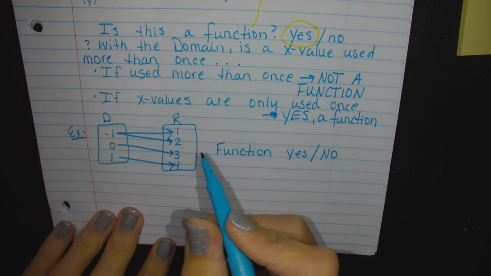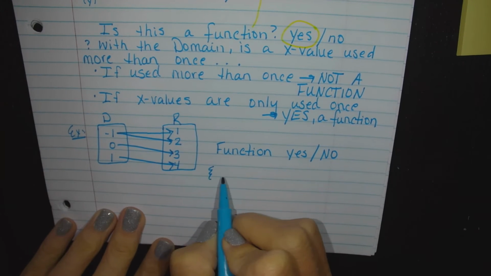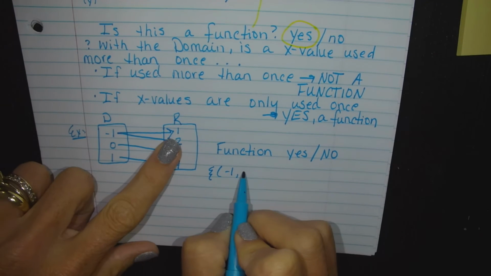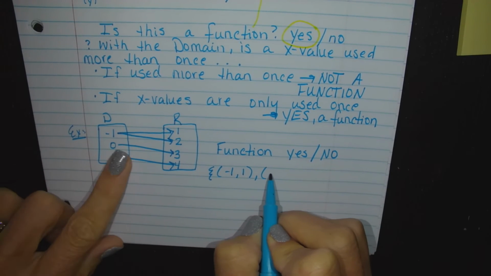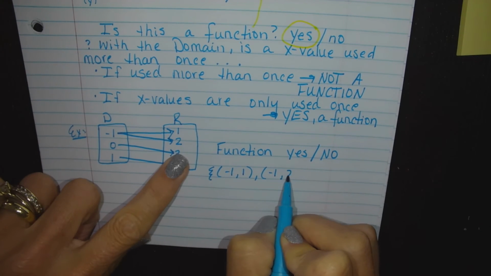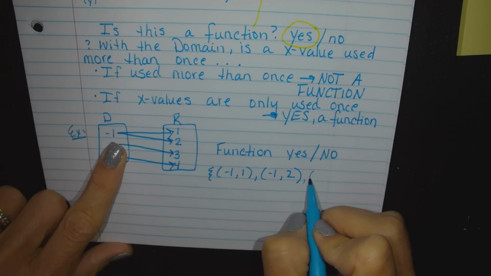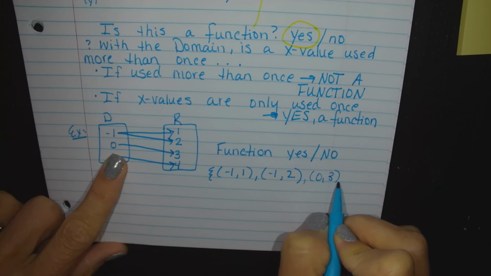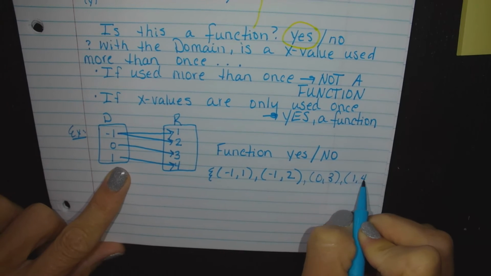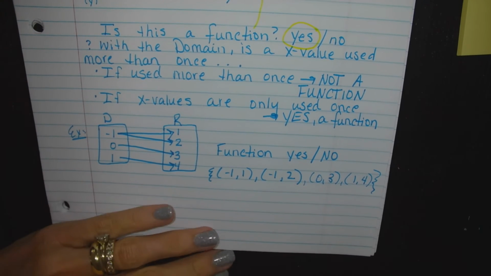So if you wrote these as a set of points, just to clarify, you have -1, 1. The next one is -1, 2. Do you see what happened? See how the arrow is used twice? I'll go ahead and finish. 0, 3, and 1, 4. All right.